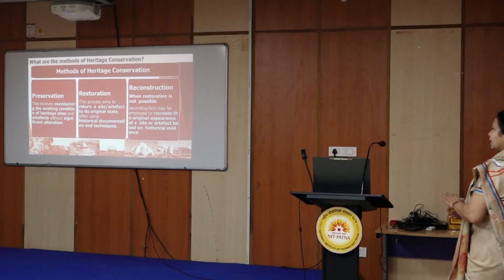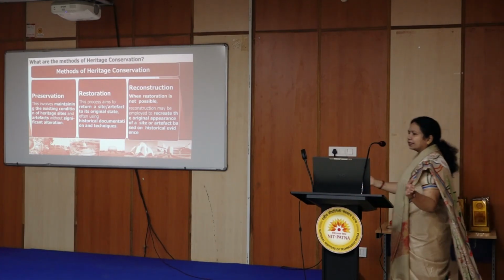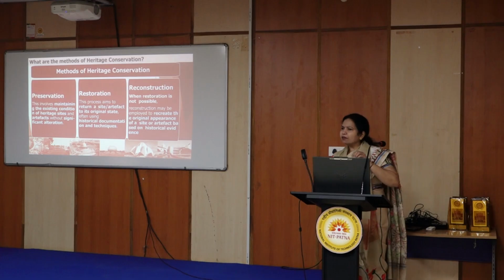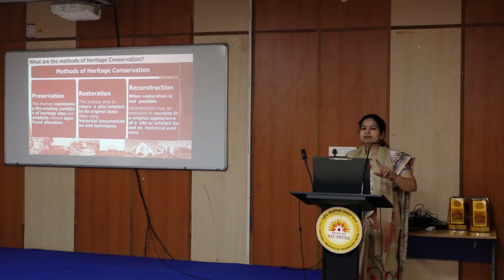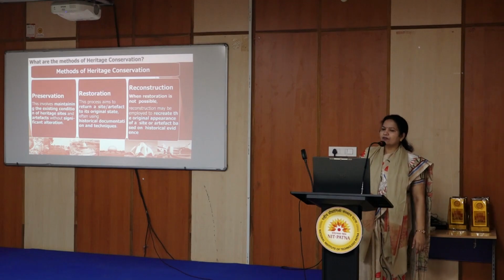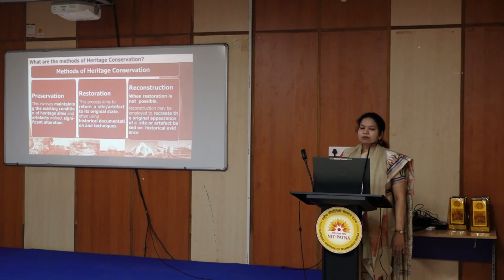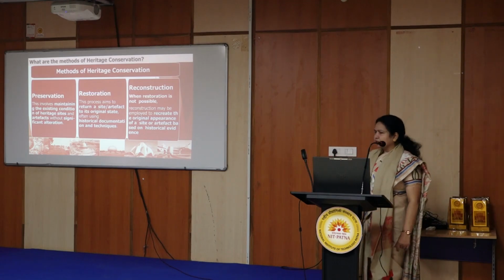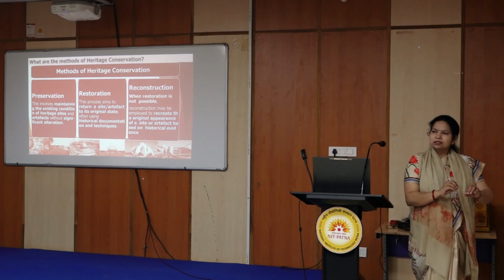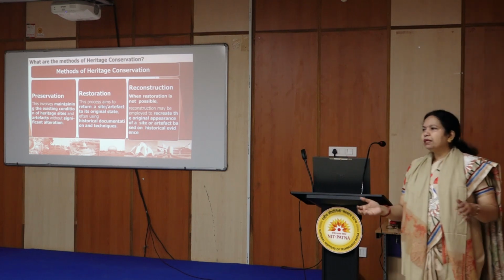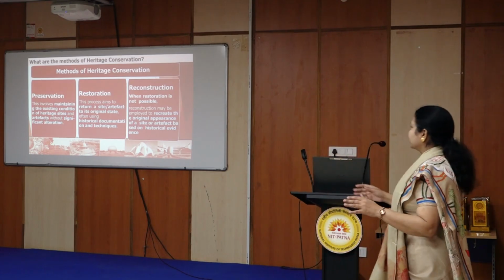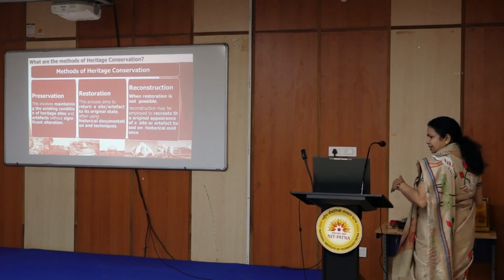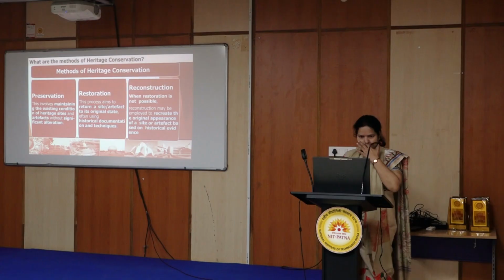Even simple maintenance of heritage is heritage conservation, because we just preserve and maintain it. Preservation involves maintaining the existing condition of heritage sites and artifacts without significant alteration. When we don't alter, whatever the state of the remains is, we retain it as such. That is preservation, or we can say maintenance.